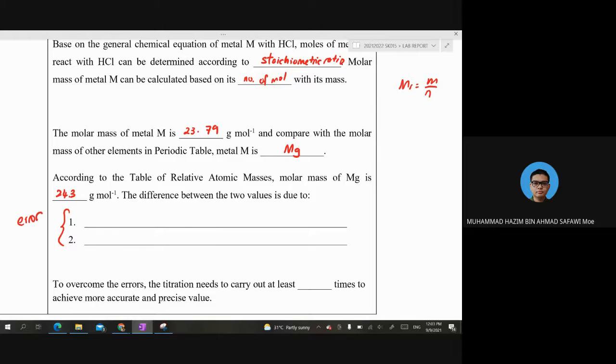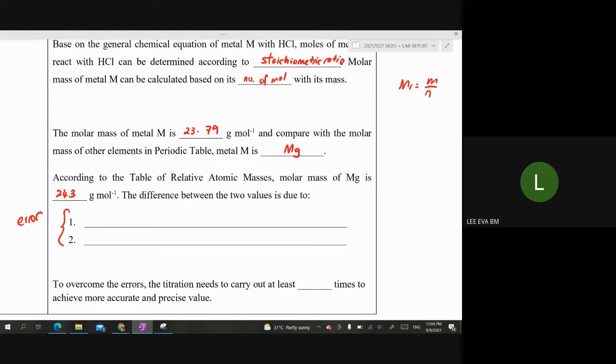Some of the hydrochloric acid already evaporated to the air. Evaporated? Not really, because HCl is not evaporative. Maybe you can think about it's not pure is one of it, or maybe because the oxide layer is not completely removed.